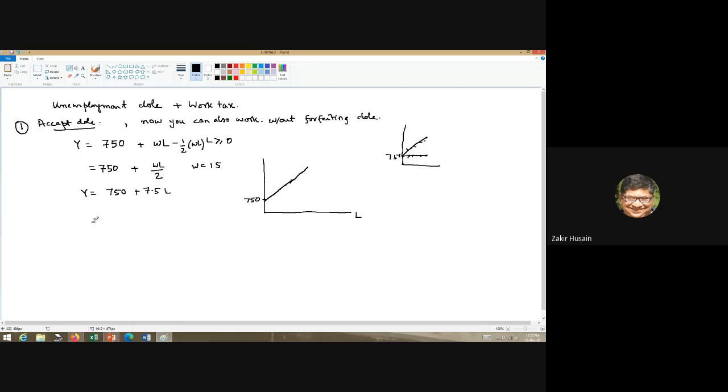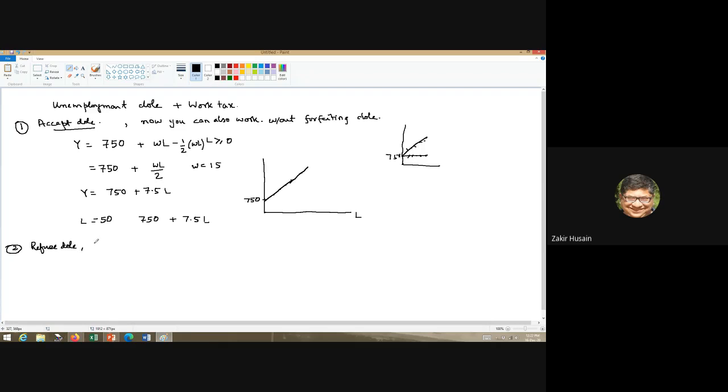Now suppose L is 50. In that case, what happens? You're getting 750 plus 7.5 L if you go for the dole. But you also have the opportunity that you can refuse the dole at any point.